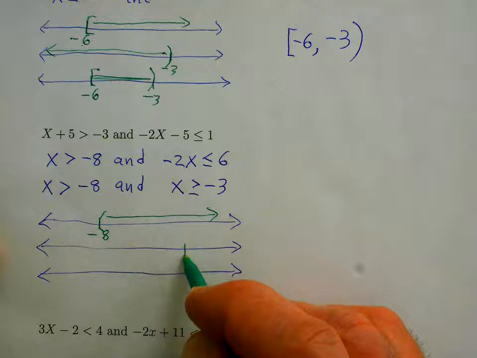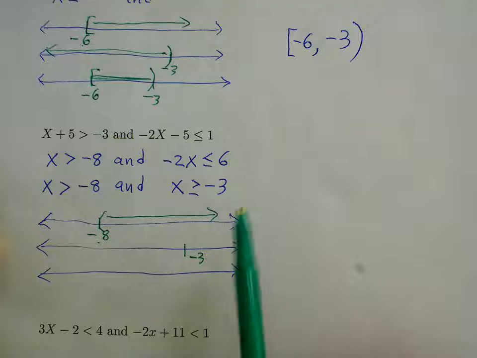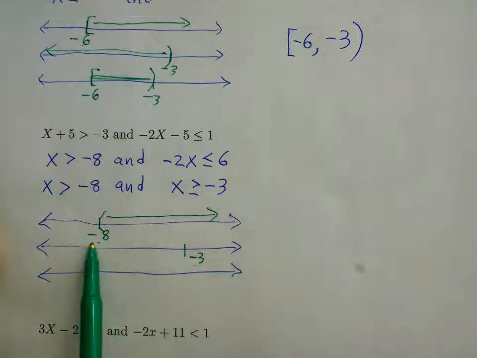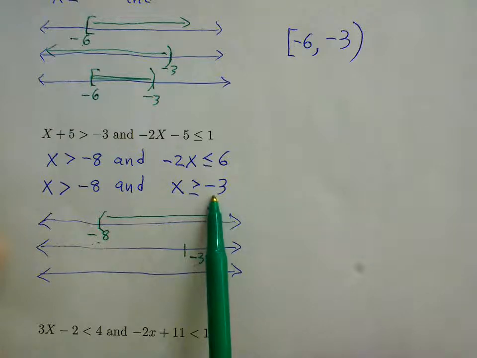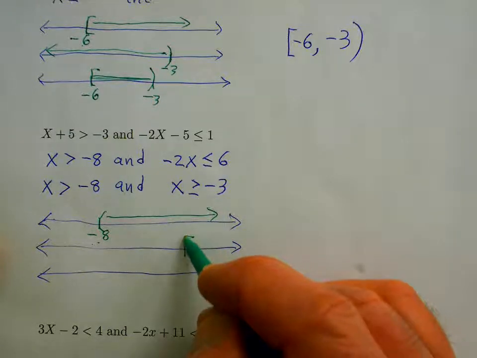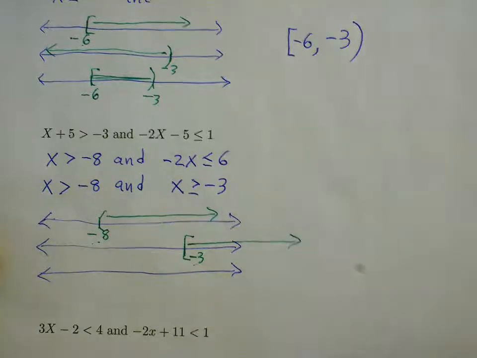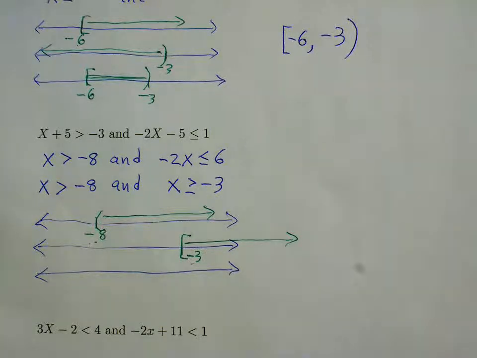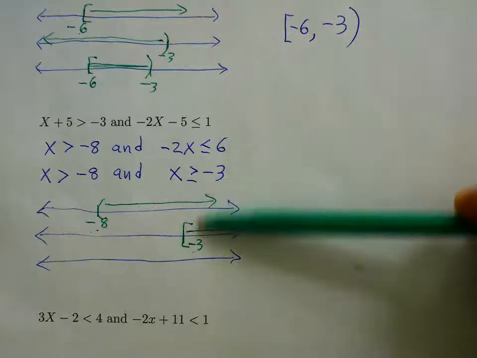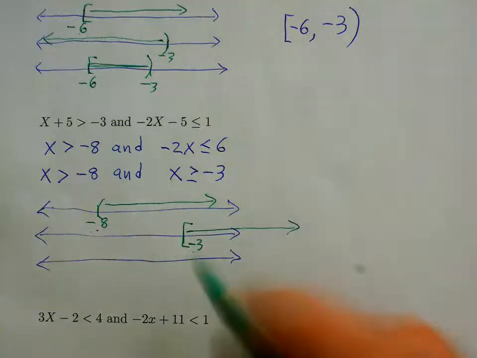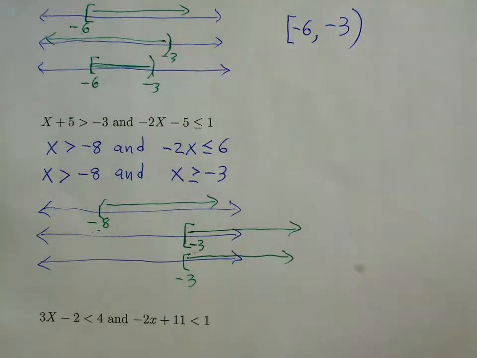And on the next one, negative 3 is to the right of negative 8. x is greater than or equal to negative 3. We put a bracket at negative 3 and shade to the right. So where is the overlap? The overlap is just from negative 3 to the right. You see that?